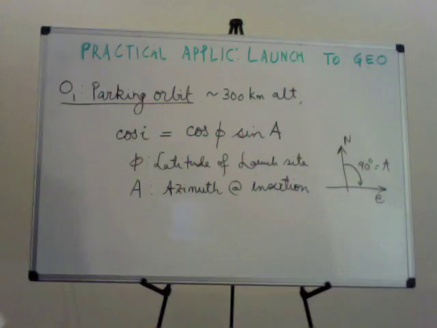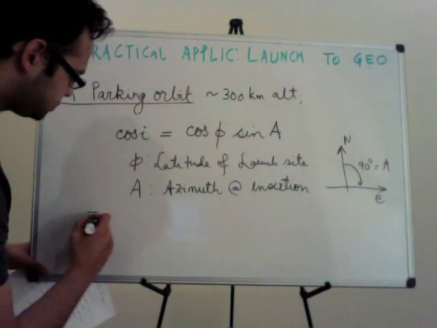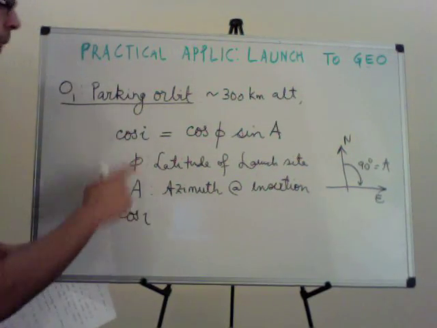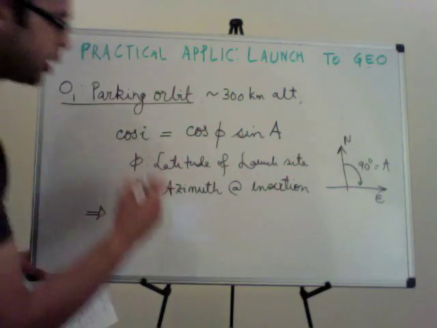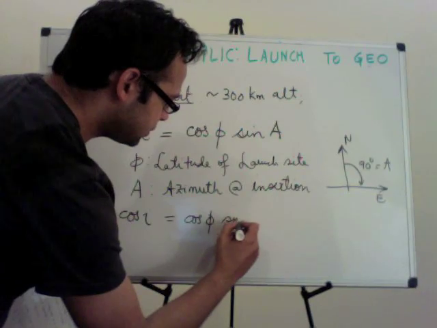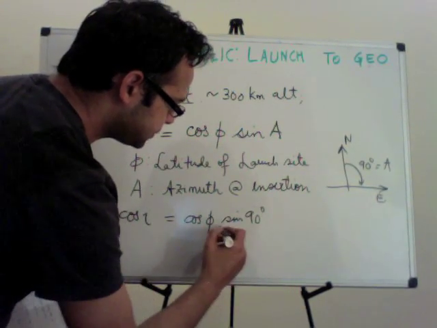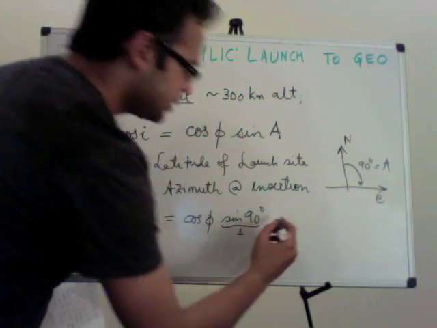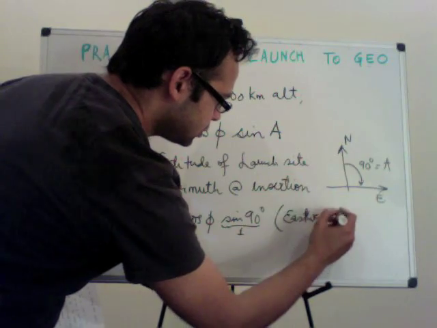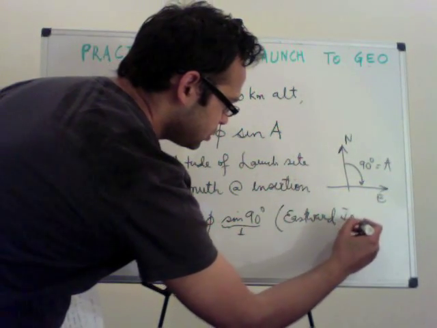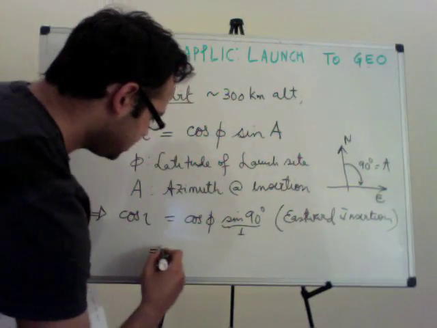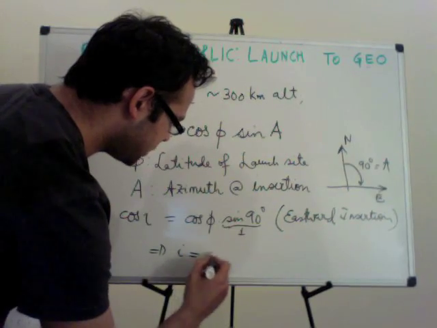So we get that the inclination of the parking orbit is equal to cos phi sine 90 degrees. This is 1, for an eastward insertion, which means that I is equal to phi.